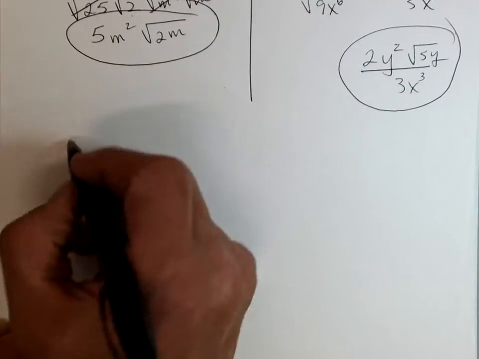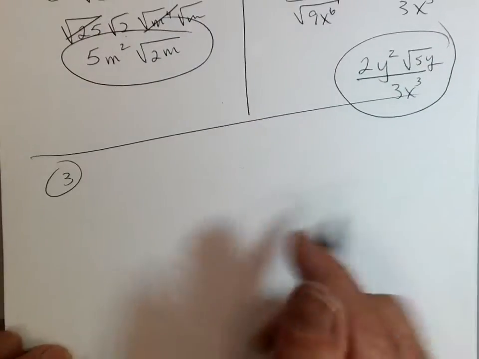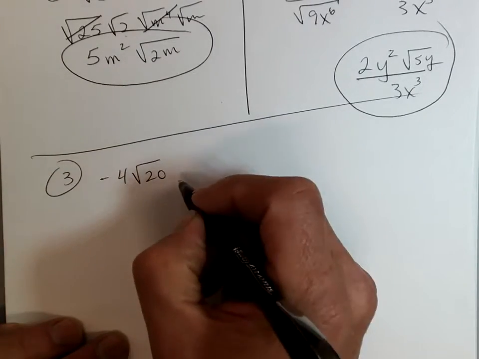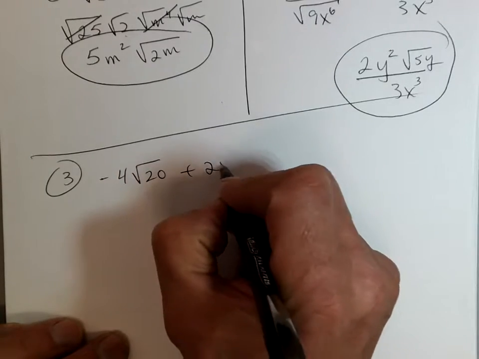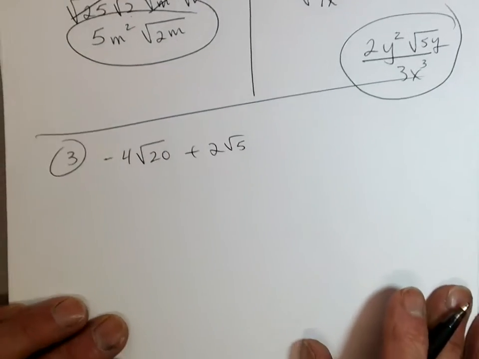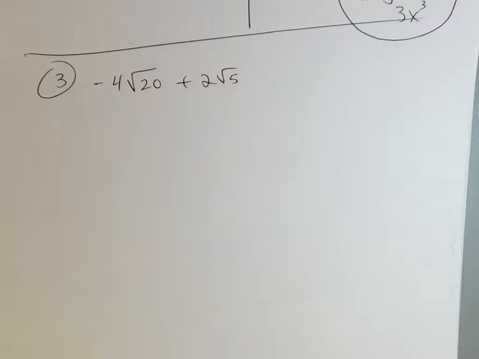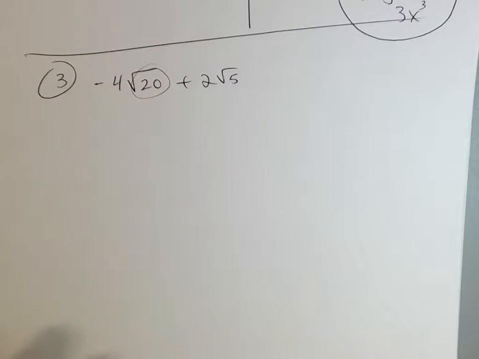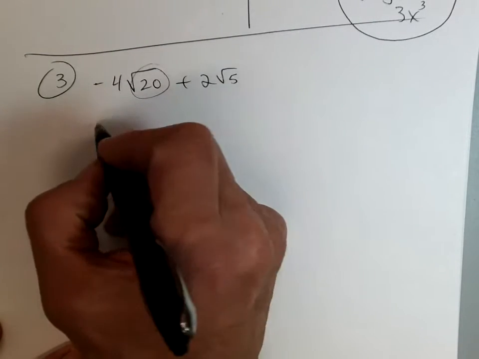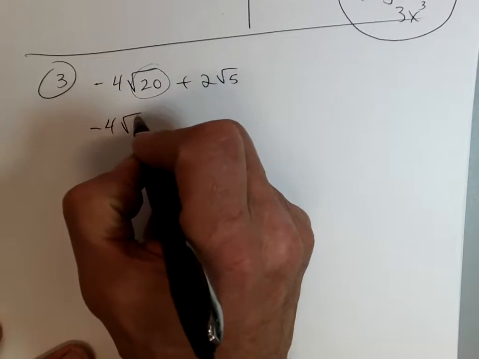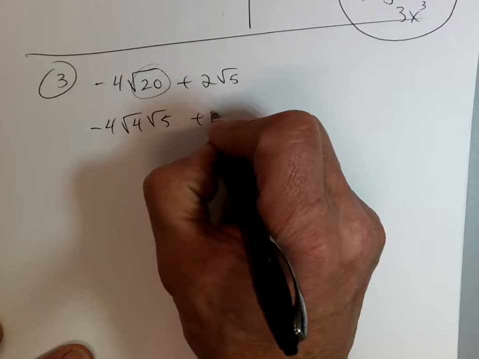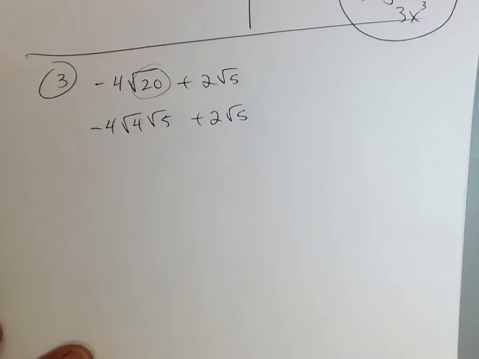Number 3. I'm going to go negative 4 square roots of 20 plus 2 square roots of 5. Now, these two can't be added because they're different. So, what I'm going to do is try and break up 20, and hopefully I'll get a square root of 5, and I should. Negative 4 square root of 20 is square root of 4, square root of 5. 5 is not a perfect root, so I'm going to leave it the way it is.